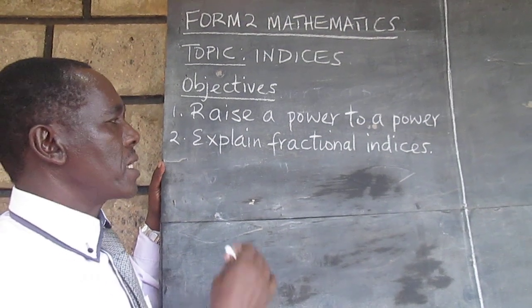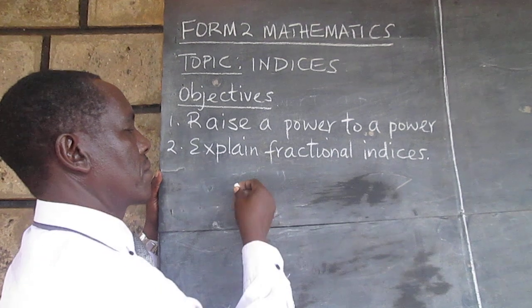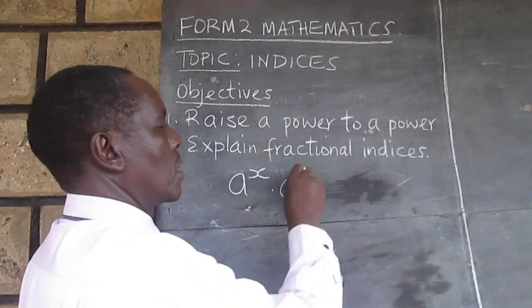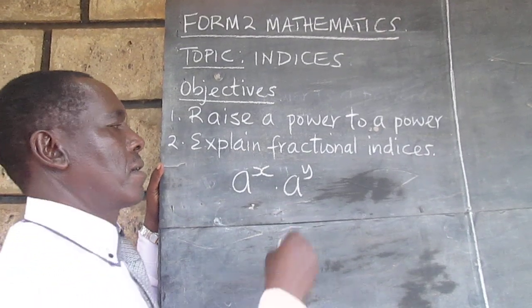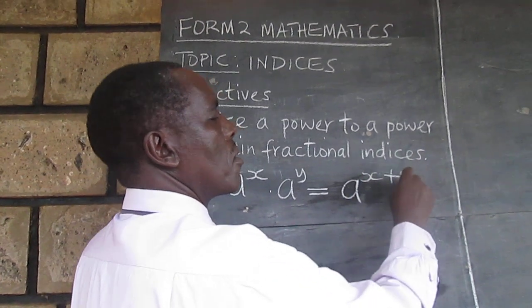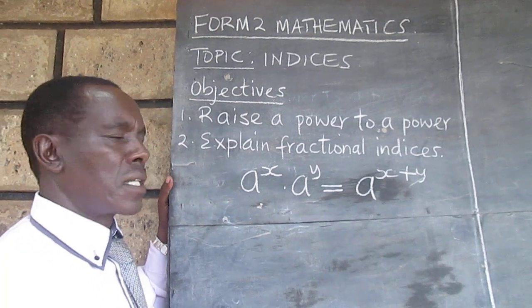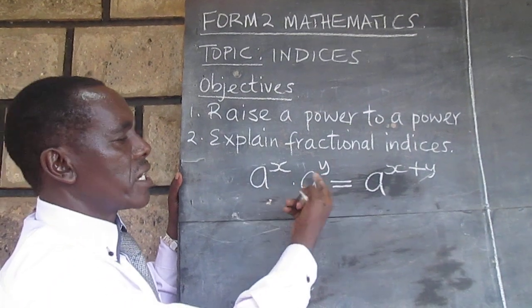Now we want to base our discussion on the law that we discussed last time. a raised to x multiplied by a raised to y gives us a raised to x plus y. Now we ask ourselves, suppose a raised to y was also a raised to x.